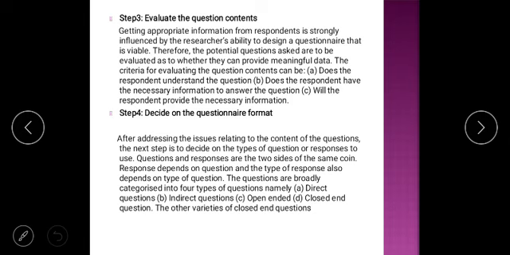Structured questionnaires mean closed-ended questions, unstructured questionnaires mean open-ended questions, and mixed types combine both. The researcher decides based on his research problem. Most of the time mixed questionnaires are used to collect both qualitative and quantitative data.